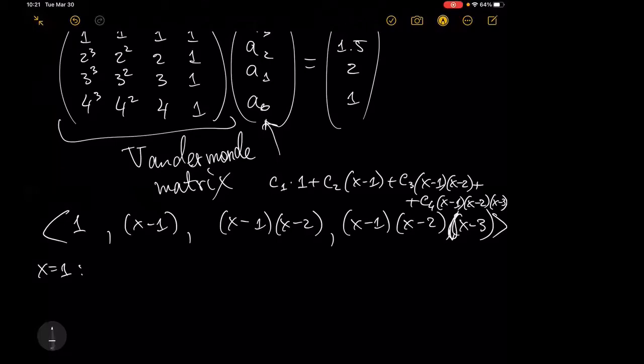I can consider any other four linearly independent vectors in the space of polynomials. Is it clear or not? Sort of. So you're able just to take any basis. Yeah.